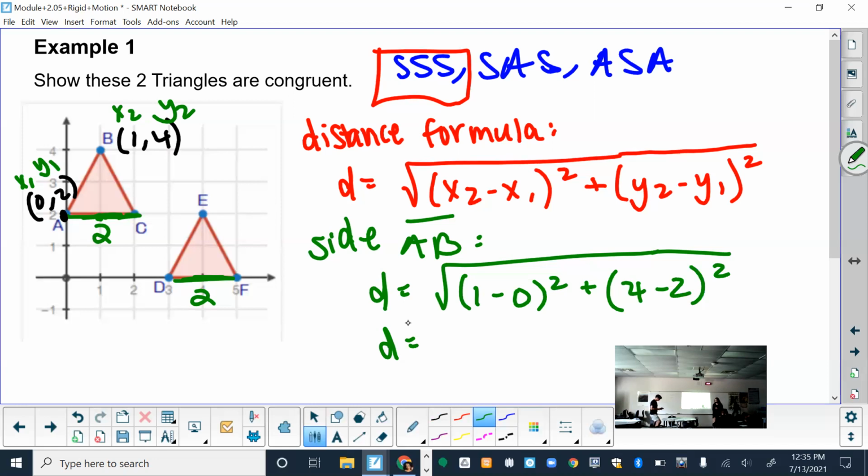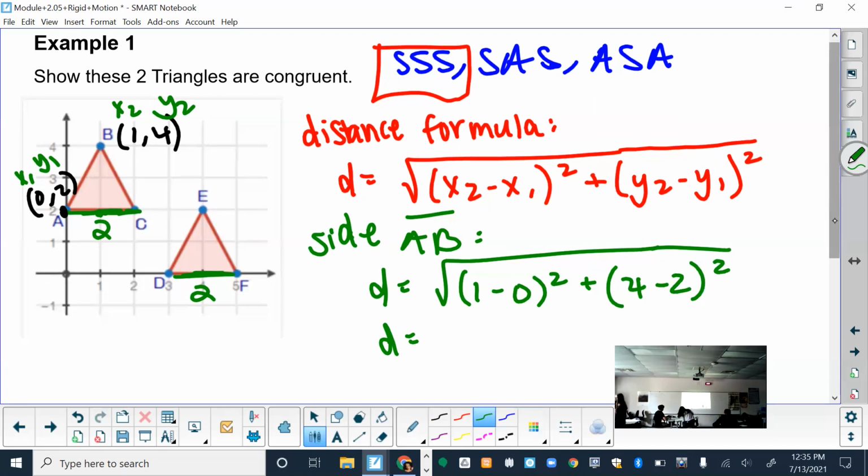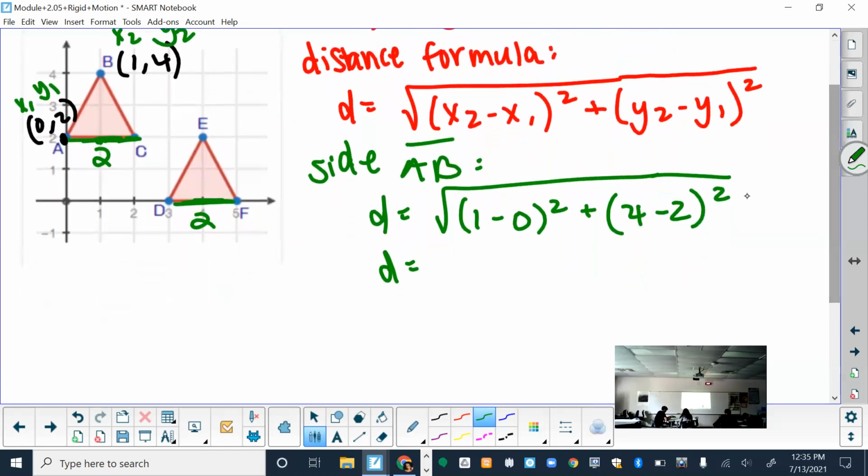So practice plugging that into your calculator. And then keep going for all of the other sides.